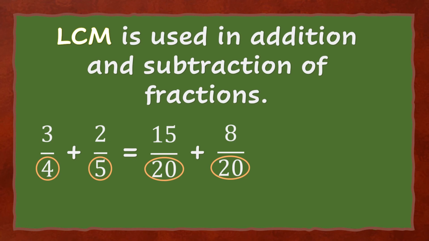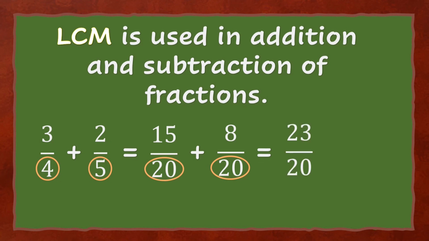It is the denominator of 15 over 20 and 8 over 20. 15 over 20 and 8 over 20, once again, are called similar fractions. And the rule is just add the numerators and copy the common denominator in adding these fractions.